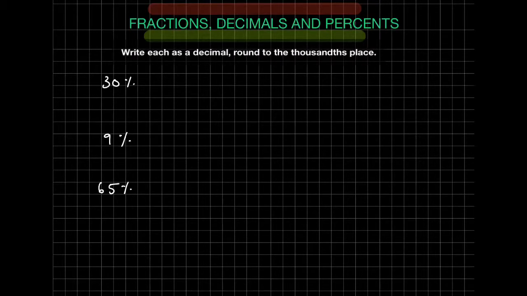Okay, let's try a couple more and you'll start to see a pattern emerge. So 30%, we know that that's going to be 30 over 100. We're taking 30 divided by 100, so we're just taking this decimal and saying 1, 2. So 30% equals 0.3.